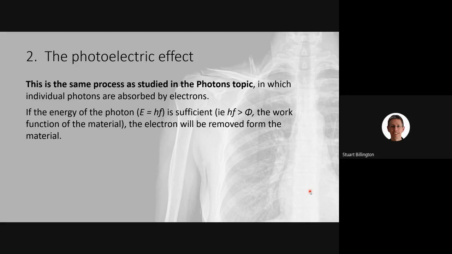This is the minimum energy required to release it. And as long as we provide a photon with enough energy, E equals hf, so that hf is larger than the work function, then the photon will be absorbed into the electron, and the electron will be removed from the material.